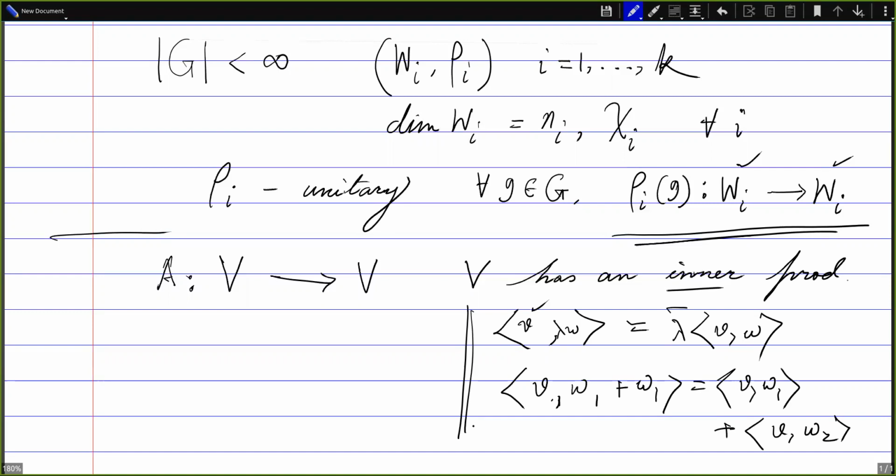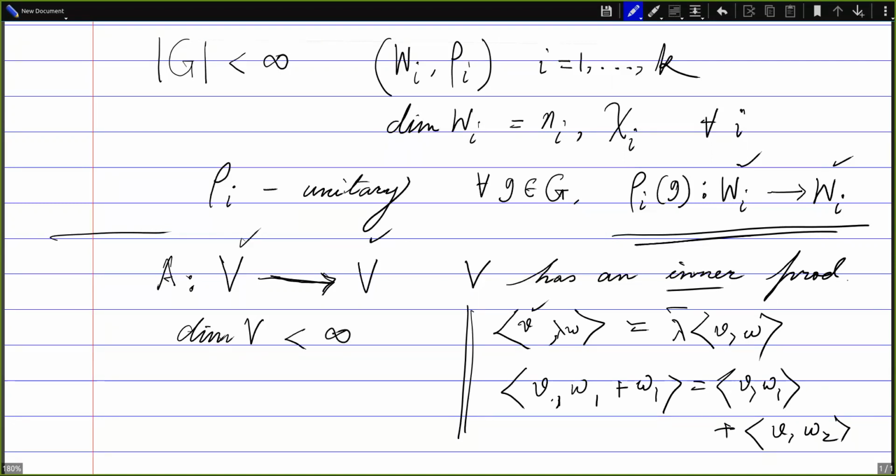All right. So now we assume that A is a linear operator on V, and V has a Hermitian inner product on it, and also we assume that the dimension of V is finite.